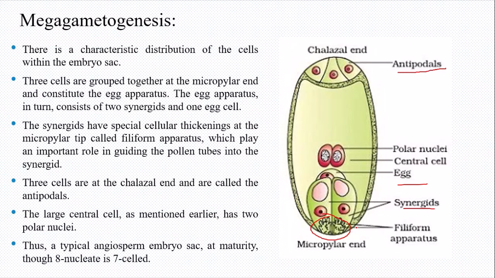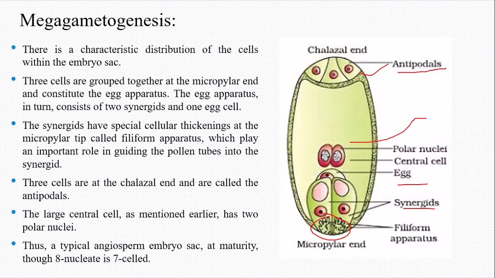So you will see there are three cells at the chalazal end forming antipodals, two nuclei at the center of the embryo sac forming the polar nuclei or the central cell, and three cells at the micropylar end, of which two are synergids and one is the egg, the female gamete.